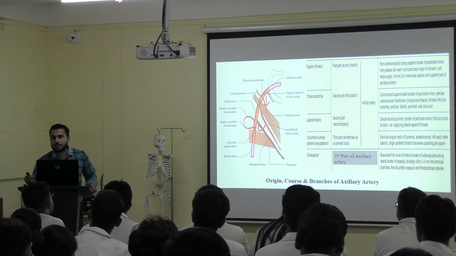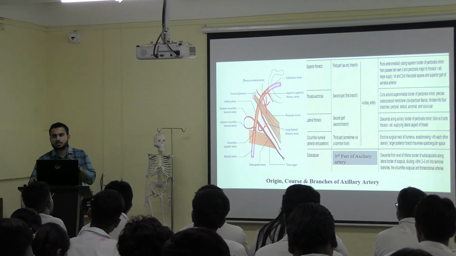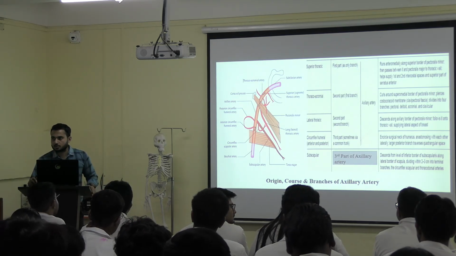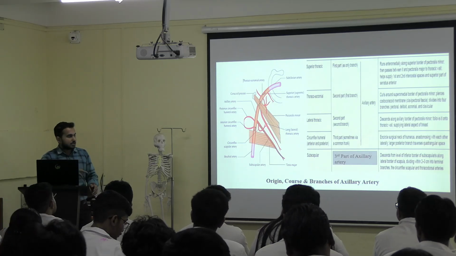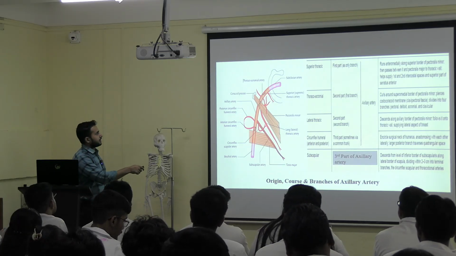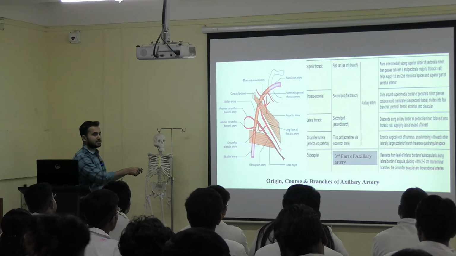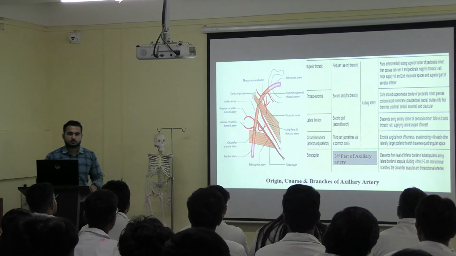You have heard about the aorta, the largest artery. When it is in the thorax, it is called the thoracic aorta. When it is in the abdomen, it is called the abdominal aorta. The artery is the same, just the name is different. Here also, the subclavian artery, the same artery is continuing, but here we call it the axillary artery, and here we call it the brachial artery.